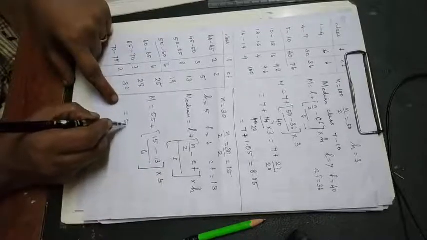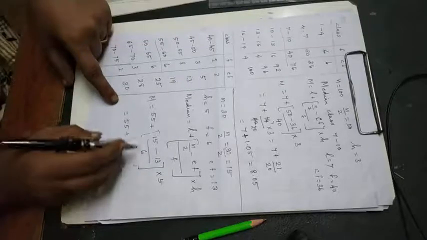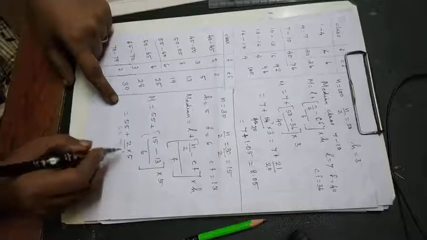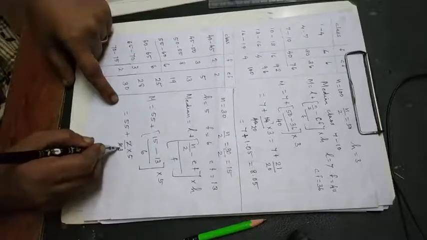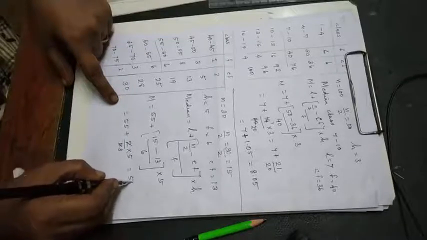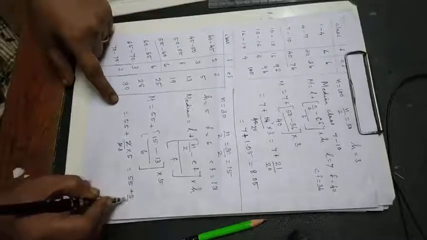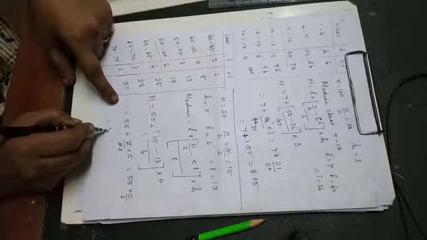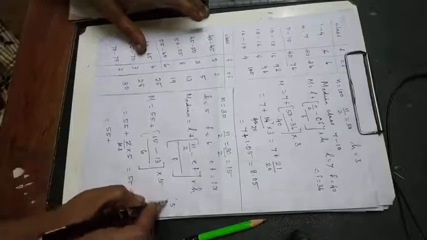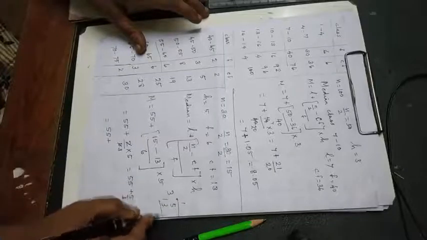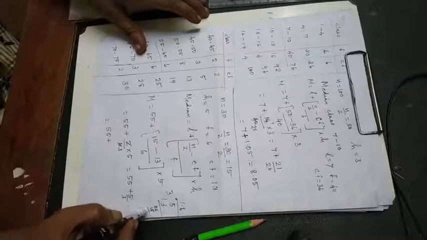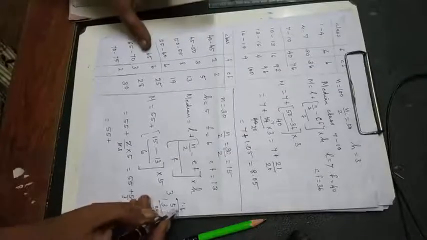So 55 plus 15 minus 13, 2 by 6 into 5, so you can divide. So 55 plus 5 by 3. 5 by 3 means 1.6666 like that it will go.